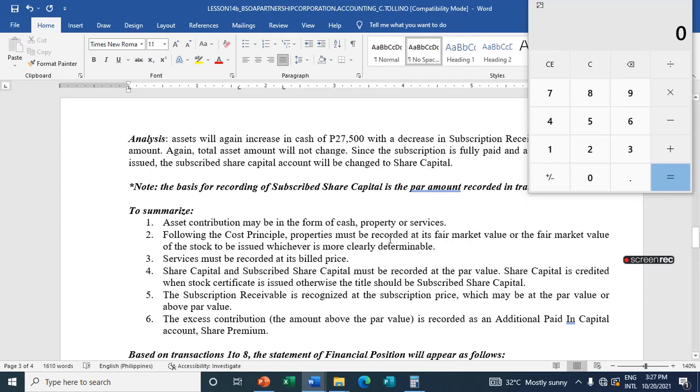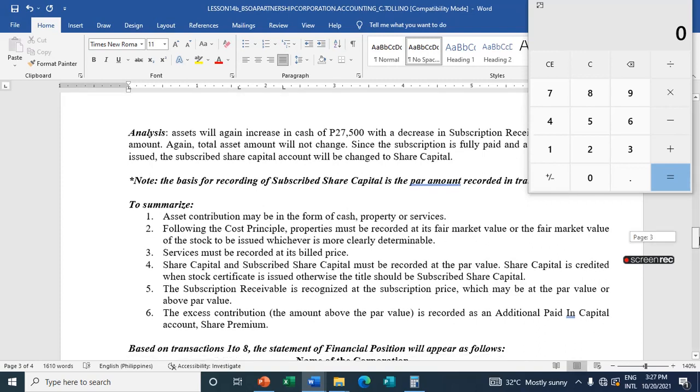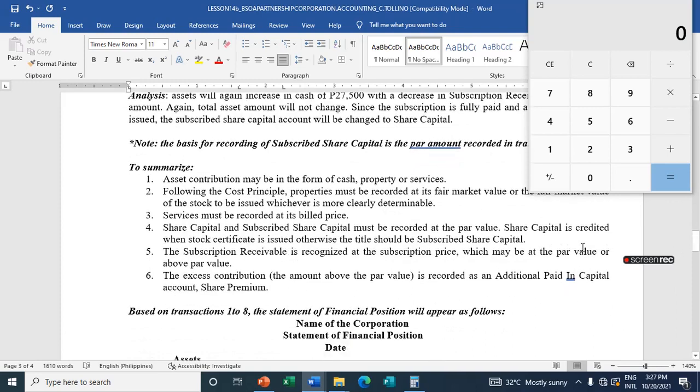Number 3, services must be recorded at their billed price. Number 4, share capital and subscribed share capital must be recorded at par value, so we follow par value here. Share capital is credited when a stock certificate is issued; otherwise, the title should be subscribed share capital.